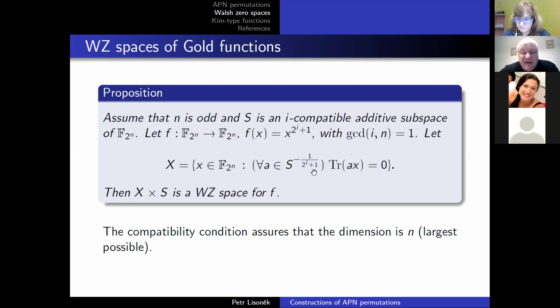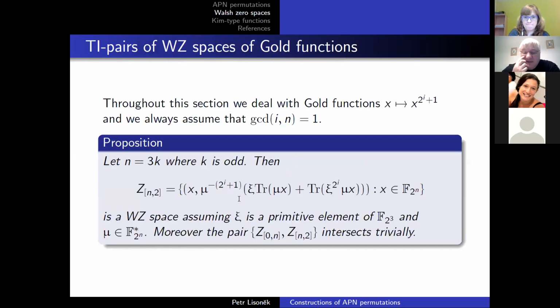For that, we need these things to be exactly aligned in a vector space. So that's where the compatibility condition is needed. That's an example of a product construction of these WZ spaces.